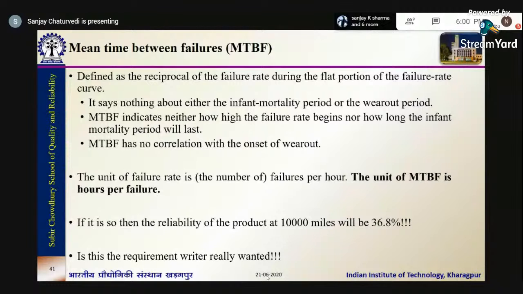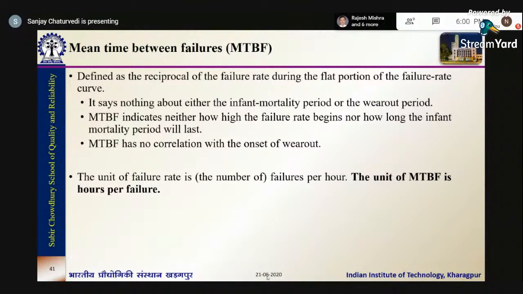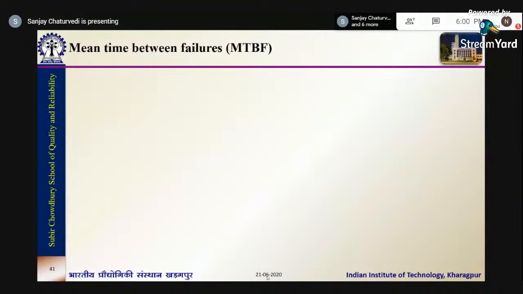Yes, sir. The thing is that if I see the participants, possibly most of the people know how to compute the reliability. But sir, in the railways, there is very little exposure. There is no exposure to reliability engineering at all. Zero. That's why I am saying they don't have any exposure to how to give a figure of reliability.